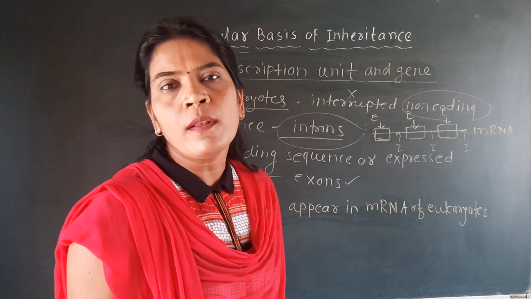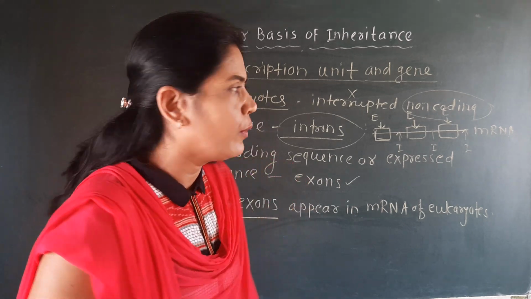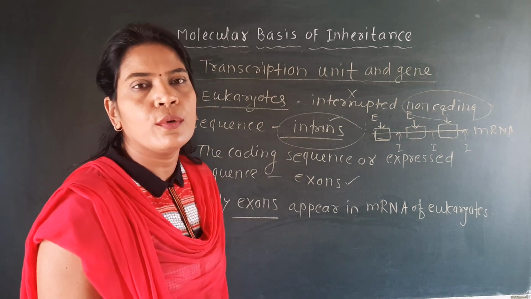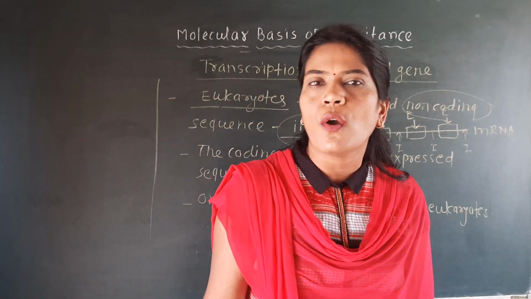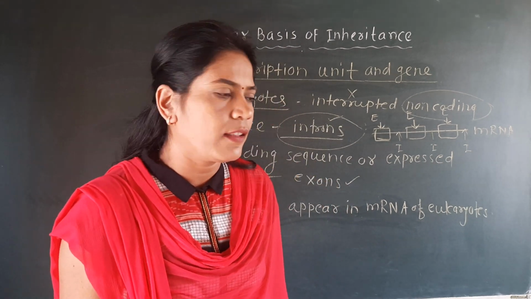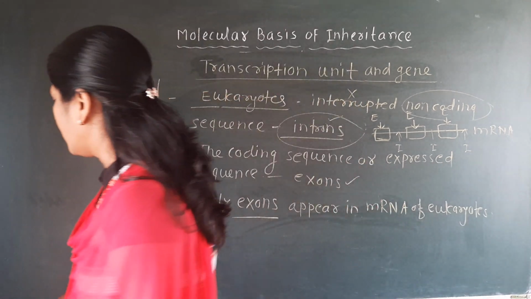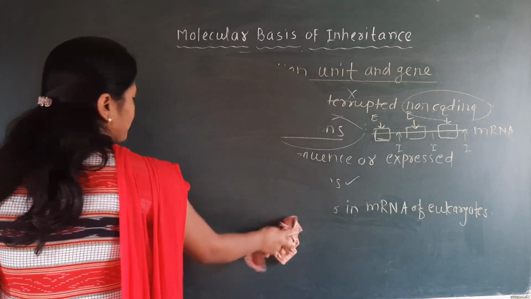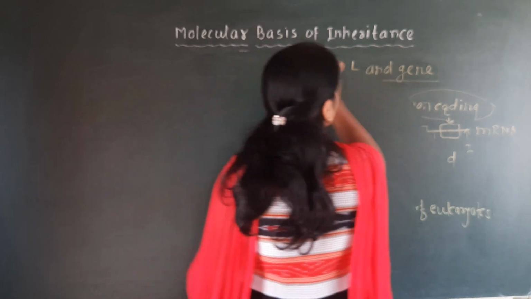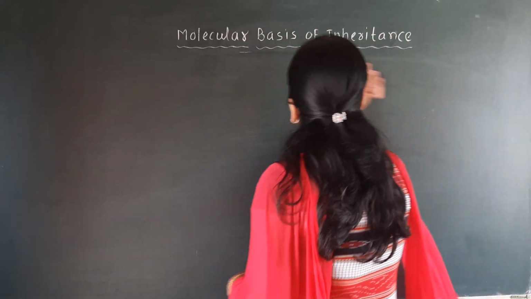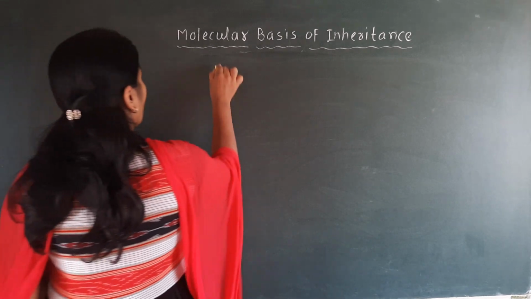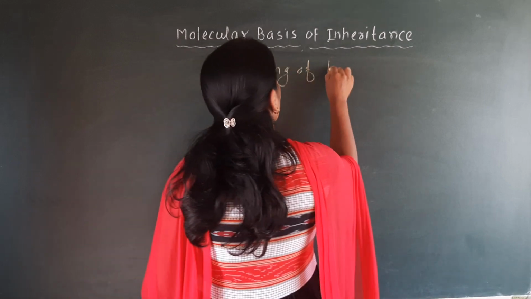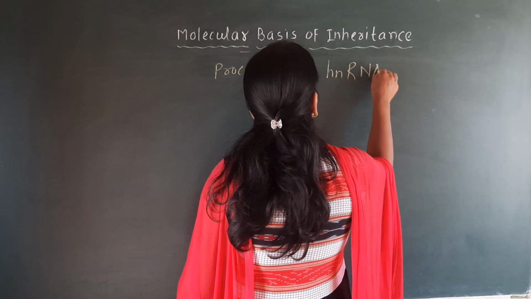That means from that mRNA we have to remove this non-coding part, which we have called an intron. So here we'll see how the processing of heterogeneous nuclear RNA takes place, and what is meant by heterogeneous nuclear RNA. So the last part of this transcription is the processing of hnRNA.